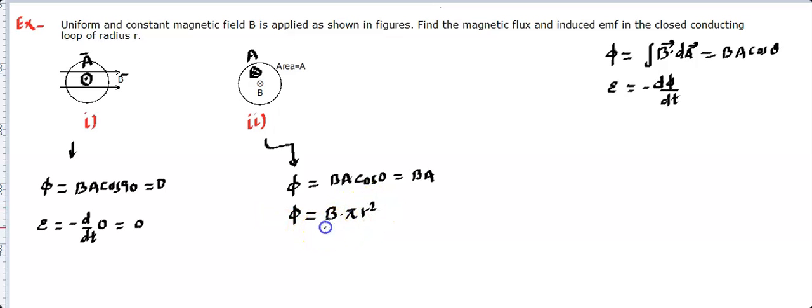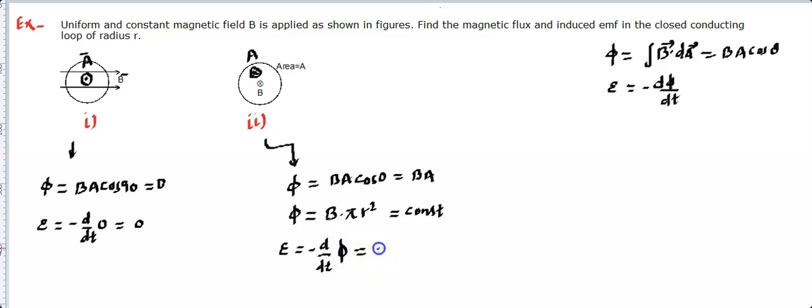Now you see this B is a constant, that's not changing, r is not changing, hence phi is a constant, so this came out to be constant. And if it is a constant, then it will have no induced EMF, because for induced EMF, flux has to vary. So if we write mathematically, this is going to be minus d upon dt of this term phi, and this phi is a constant.